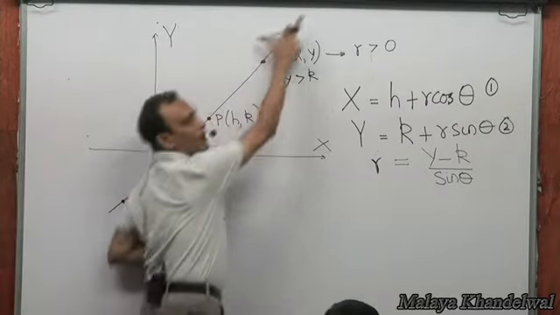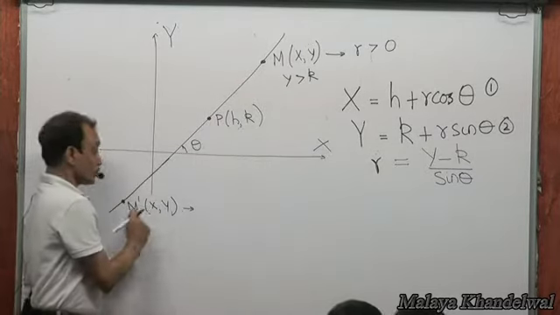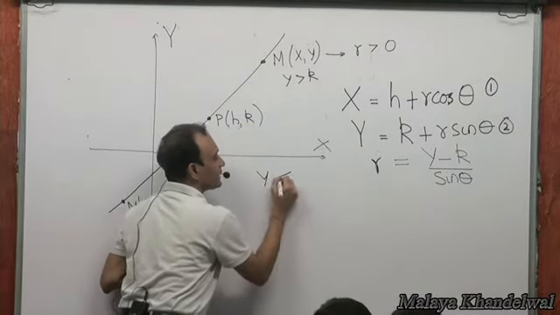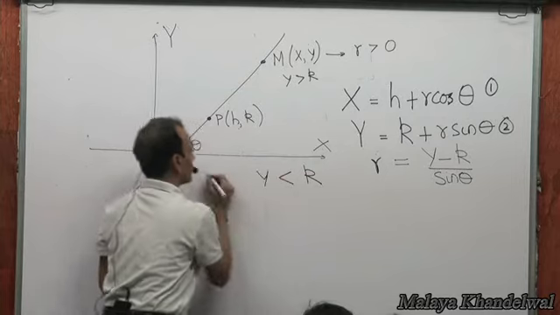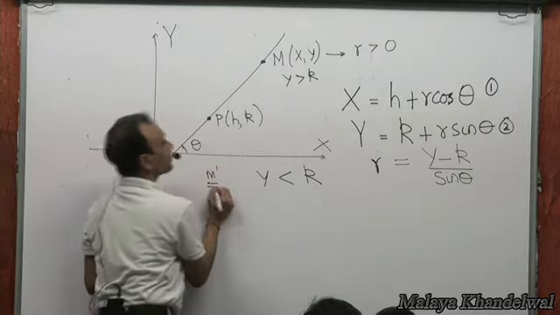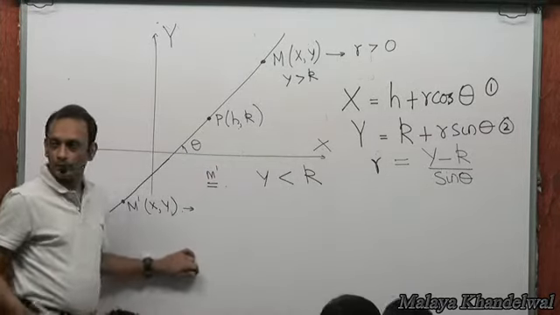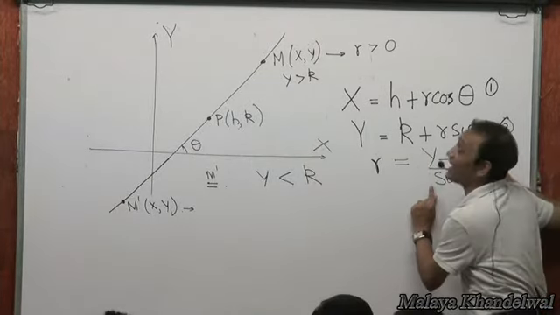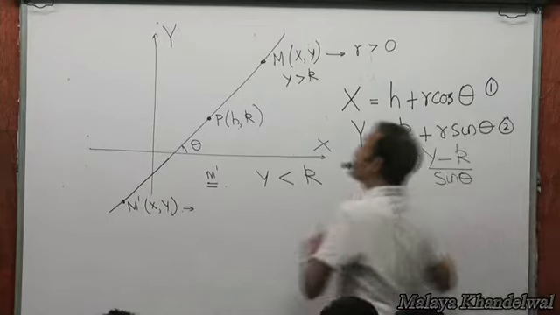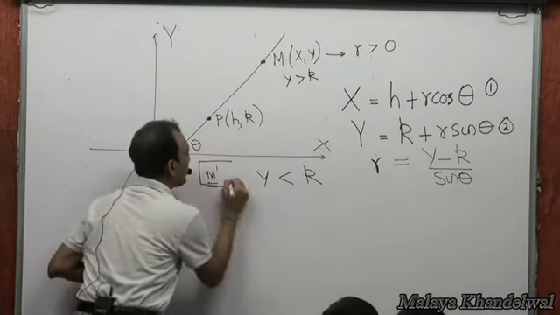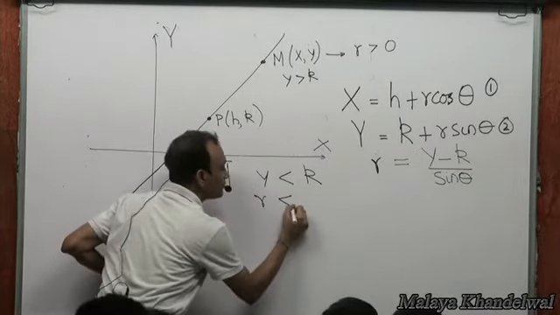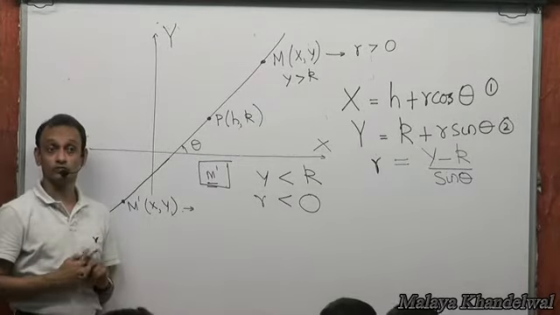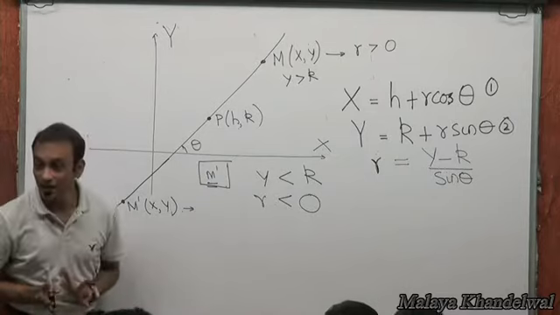In this direction, the Y's are increasing. So Y less than K for M prime. So Y minus K for M prime would be negative, but sine theta will be positive. So for M prime, the R would be negative. Yes or no? Do you all understand this?